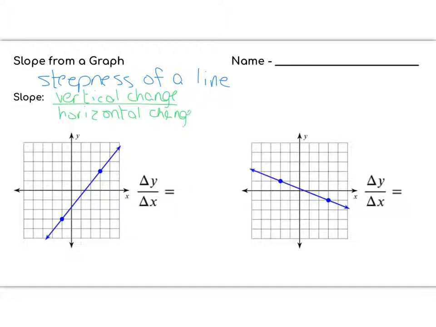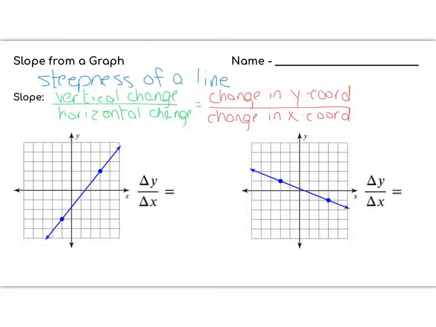And since the vertical change has to do with the y-coordinates, we can say the change in y-coordinates over the horizontal change would be the change in x-coordinates. Well, all of that's a lot to write, correct?